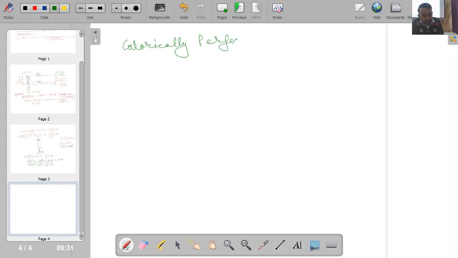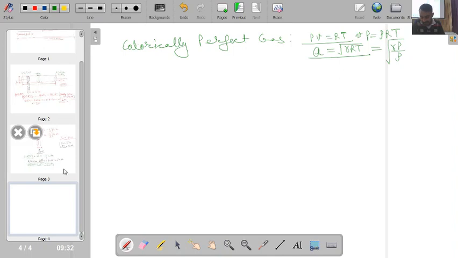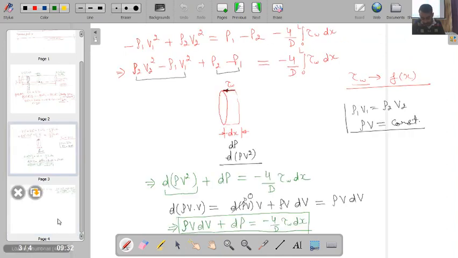First is PV equal to RT, or in other words, P is equal to rho RT. Another important point is that the speed of sound is equal to square root of gamma RT, which can also be written as square root of gamma P by rho. Now let's invoke these equations into our main equation and reduce it for a calorically perfect gas.